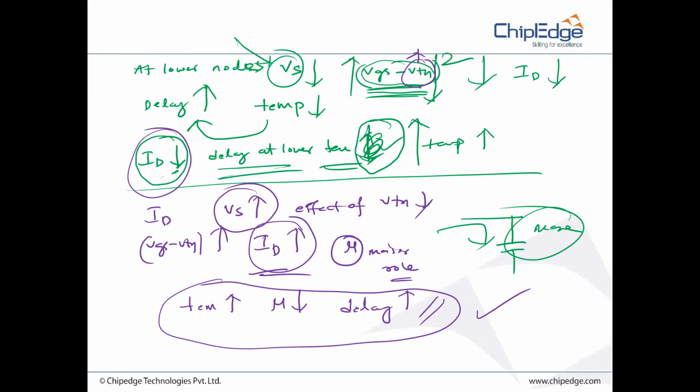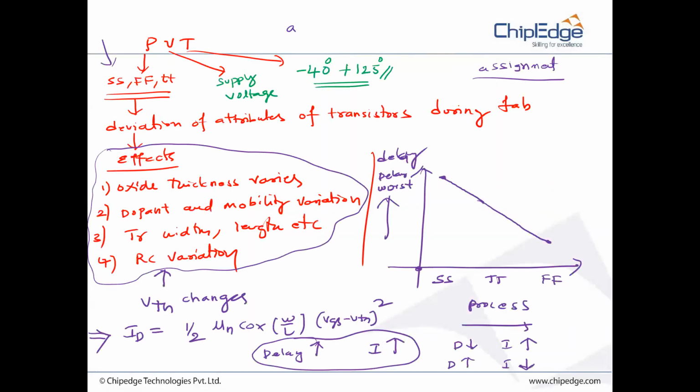Okay. So now we will see RC variation also. These three things are very important: process, voltage, and temperature. Next, there is something like RC variation also, right? What is this RC variation known as? Nothing but your setup violations and hold violations. So what is a setup violation?